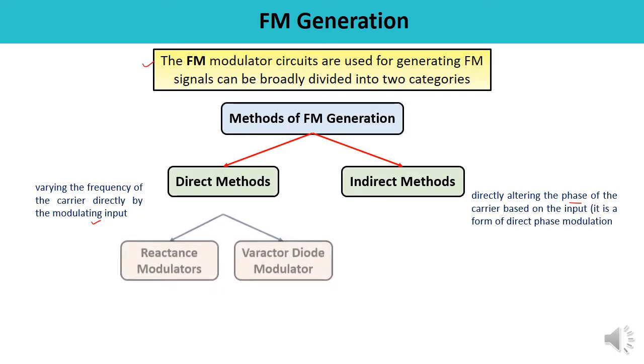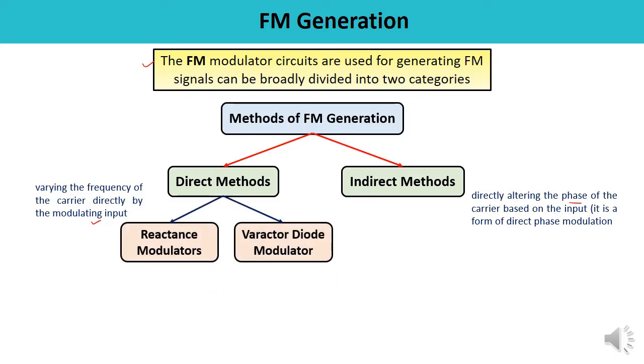Direct methods are also of two types: reactance modulators and varactor diode modulator. In the previous video I discussed both direct methods for the generation of FM signal. The indirect method, which is the Armstrong method, I am going to discuss in today's video.